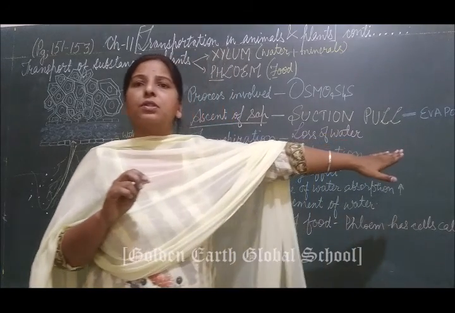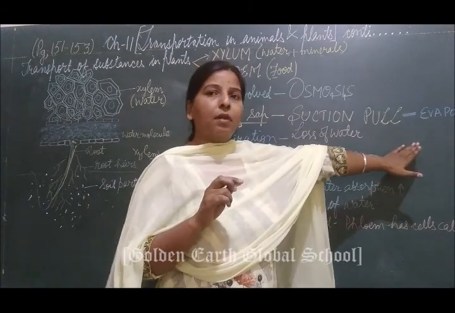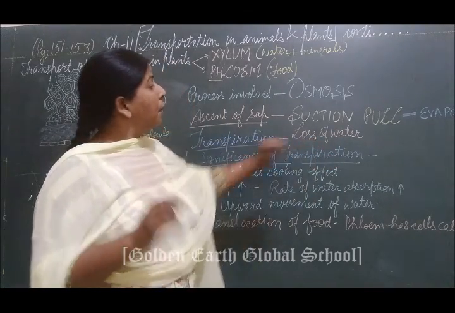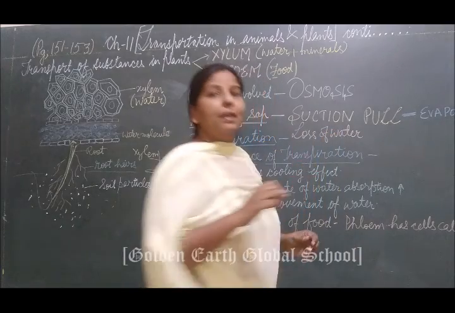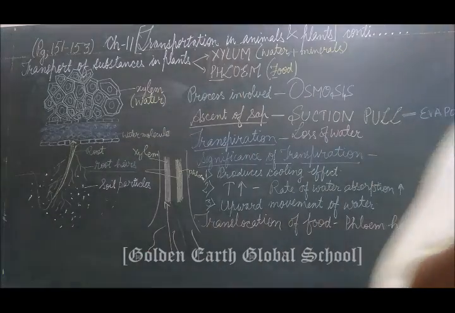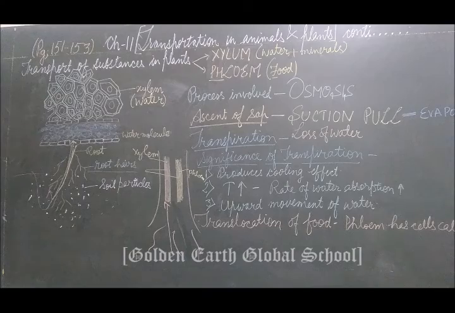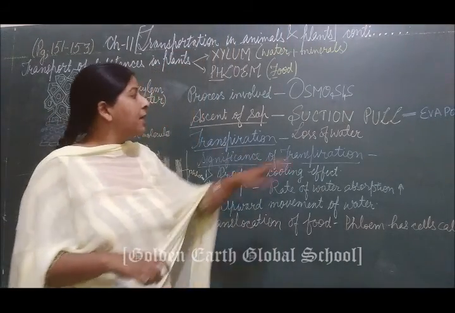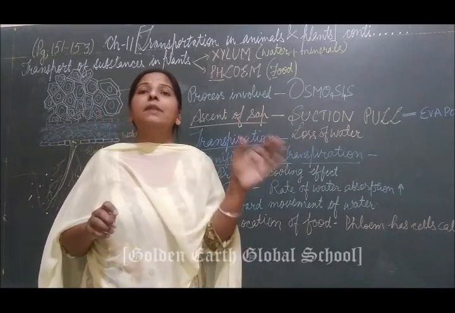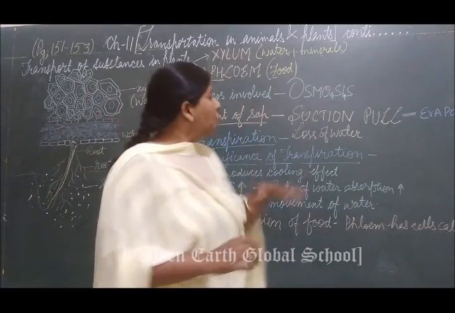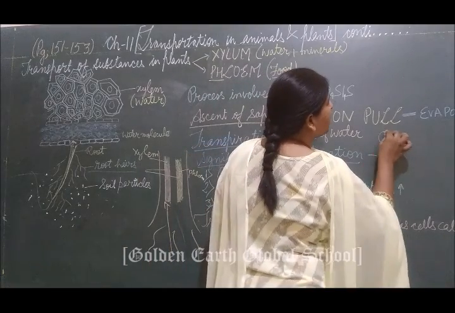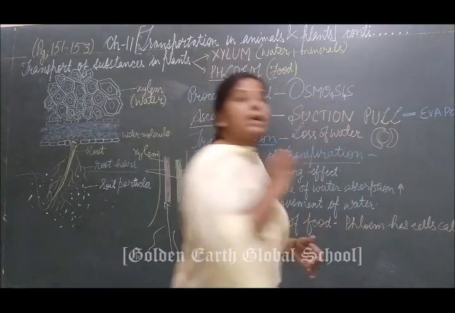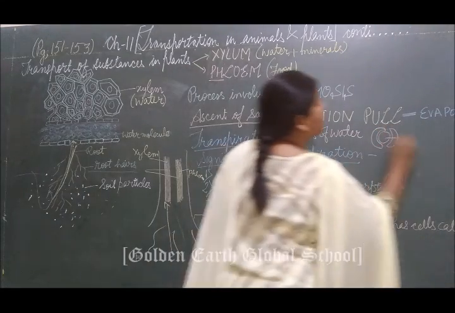Evaporation is loss of the water in the form of the water vapor, and this is loss of the water through the semi permeable membrane or through other structures like the stomata. As we know, in the leaf there is a stomata present, so when loss of water happens through such a proper structure, that will be called transpiration.